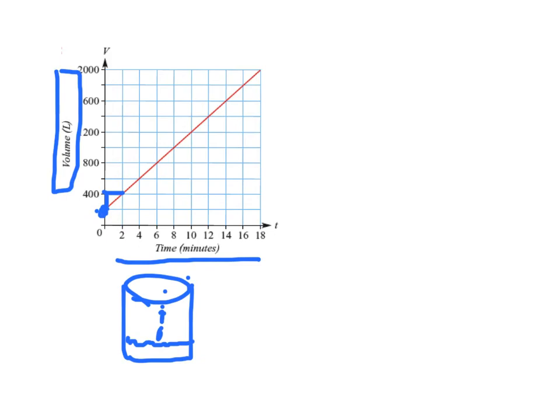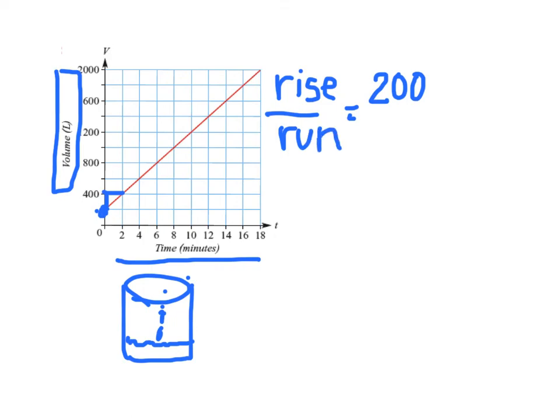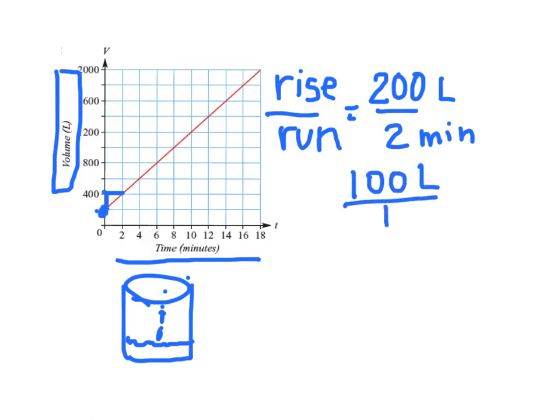So the rise, if I start at 0 and go to 2, the rise in the number of liters would be 200, because I went from 200 to 400. And the run, the horizontal change, is 2 minutes. So it looks like 200 liters in 2 minutes, and I can reduce that to 100 liters in 1 minute, or 100 liters per minute.